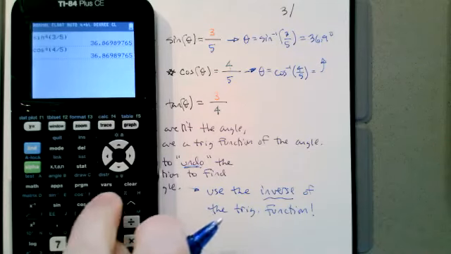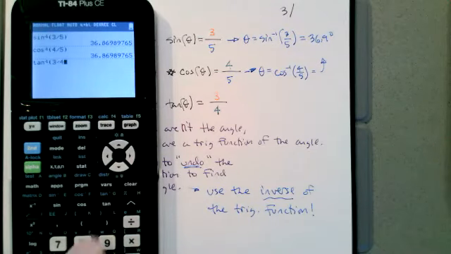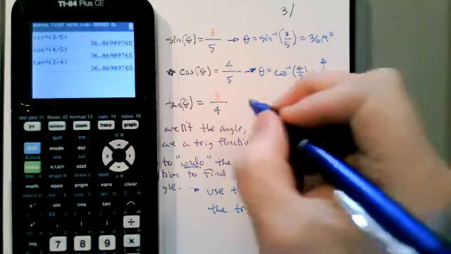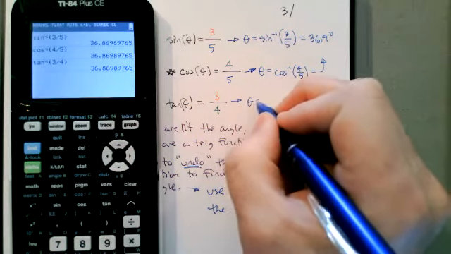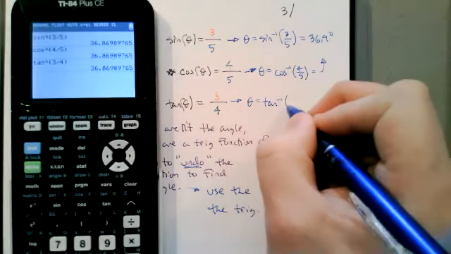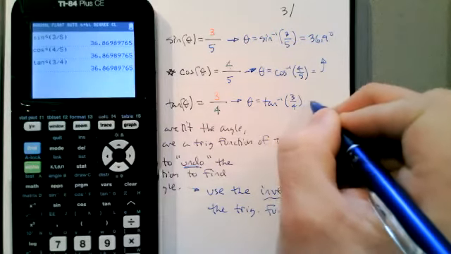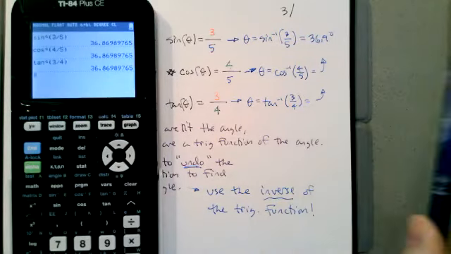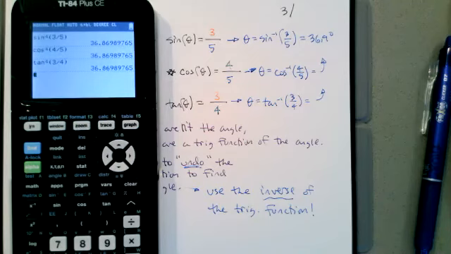And if we do a tangent inverse of 3/4, we get the same angle. We had three ways to find that angle. It's a good thing they all delivered the same value. Otherwise, one of them would be wrong.